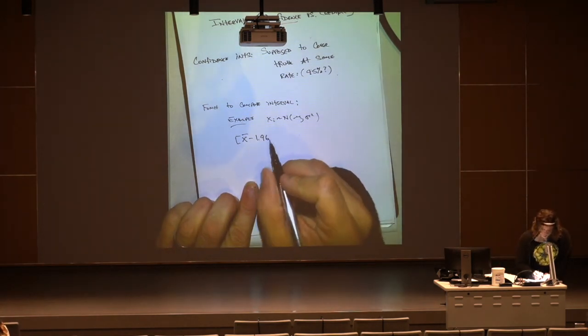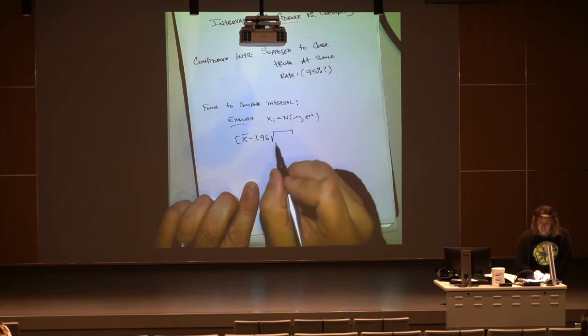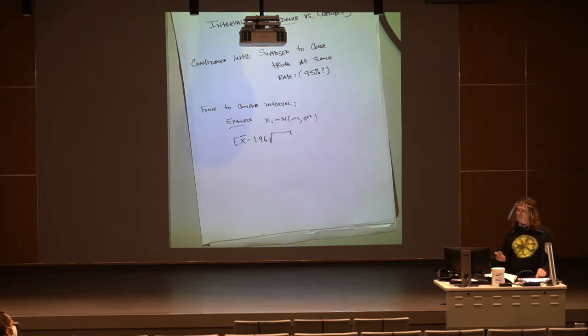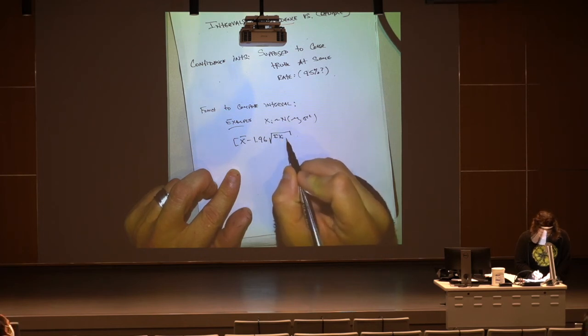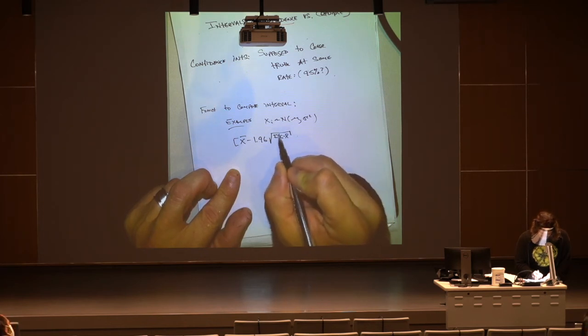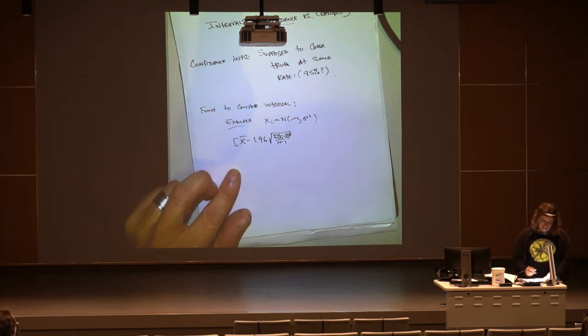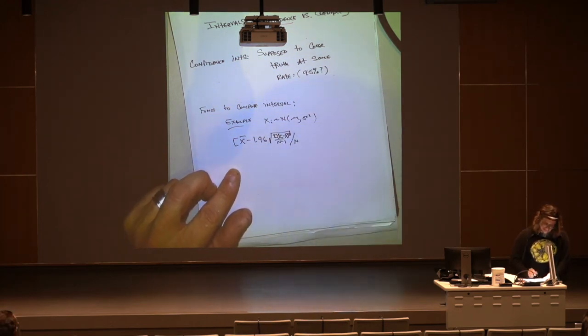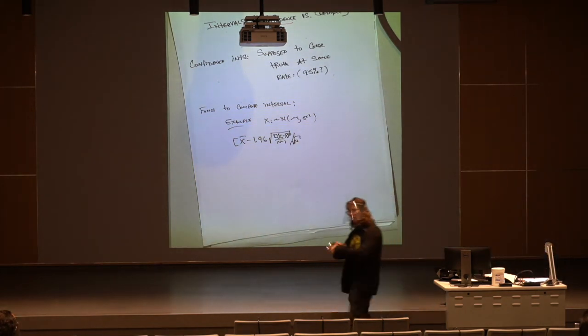So if you didn't know what sigma was, then you might estimate it. So you might say the sum of xi minus x bar squared over n minus 1. And then you need to divide this by square root of n, so that it's getting smaller asymptotically.